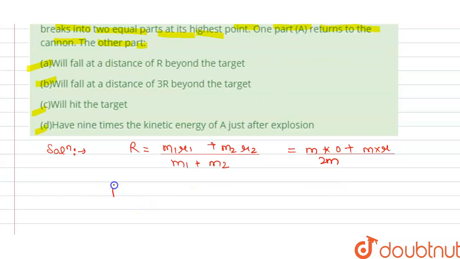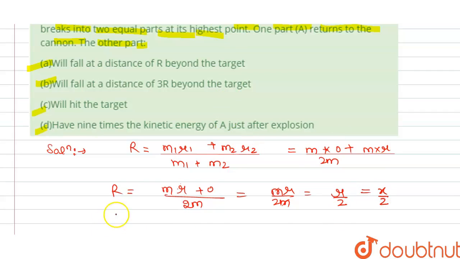So from this we get R is equal to, if we take M common, M R only as this term is 0, divided by 2M. So this is R by 2, or we can say that this is the distance X here. So this can be equal to X by 2.